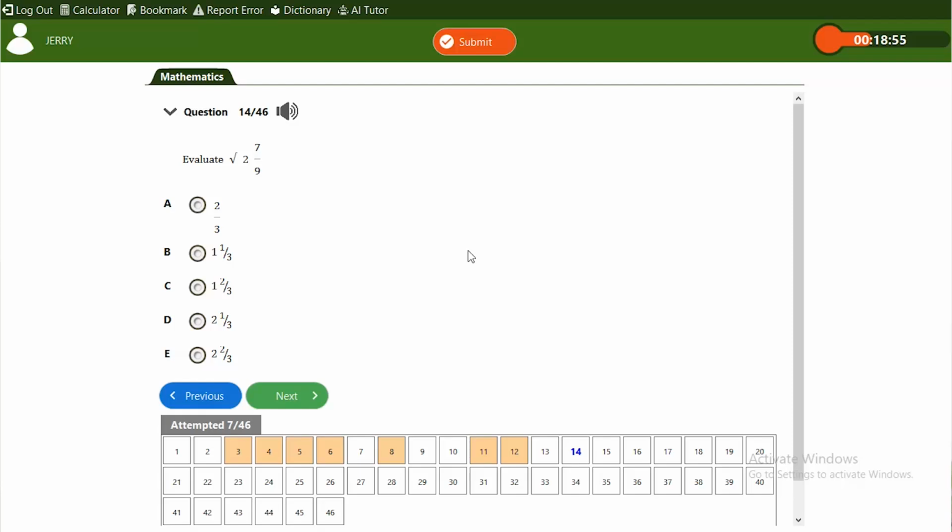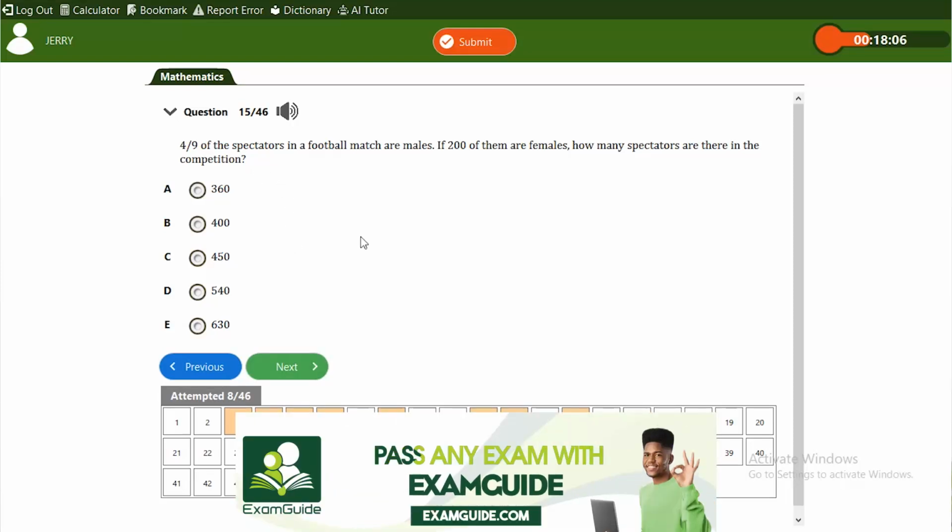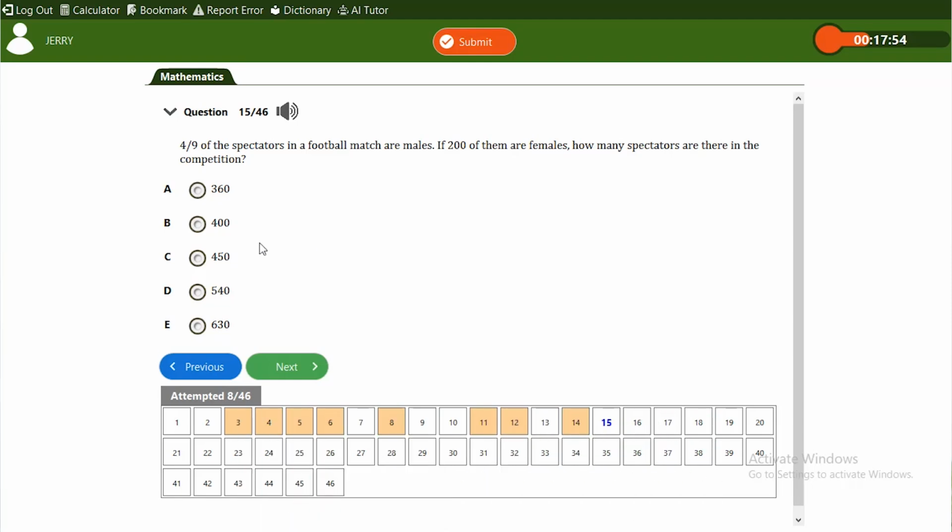Okay? Let's look at this one. Maybe this will be the last example we'll take. It says 4 over 9 of spectators in a football match are males.